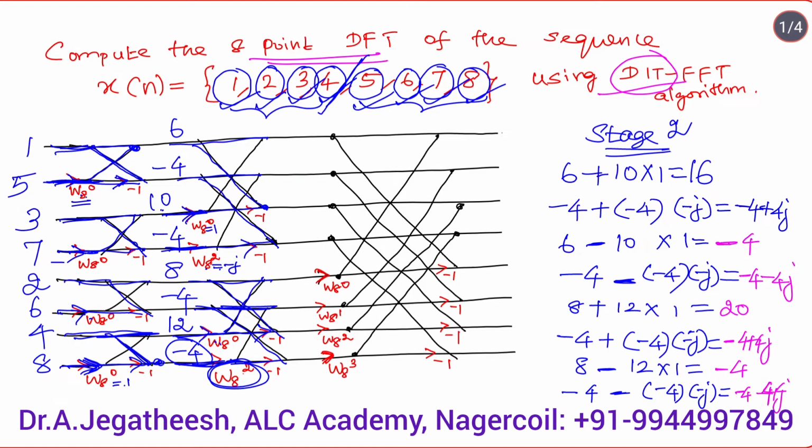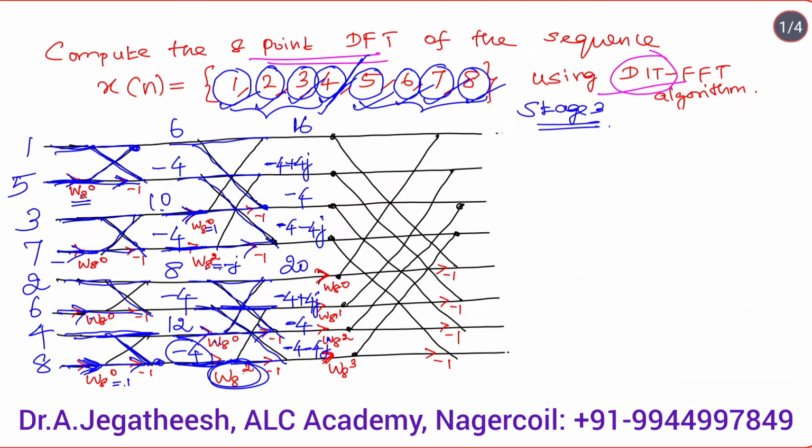Now we can write the terms in the signal flow graph. This is 16. This is minus 4 plus 4j. Again minus 4. Again minus 4 minus 4j. This is 20. Again minus 4 plus 4j. This is minus 4. This is minus 4 minus 4j.